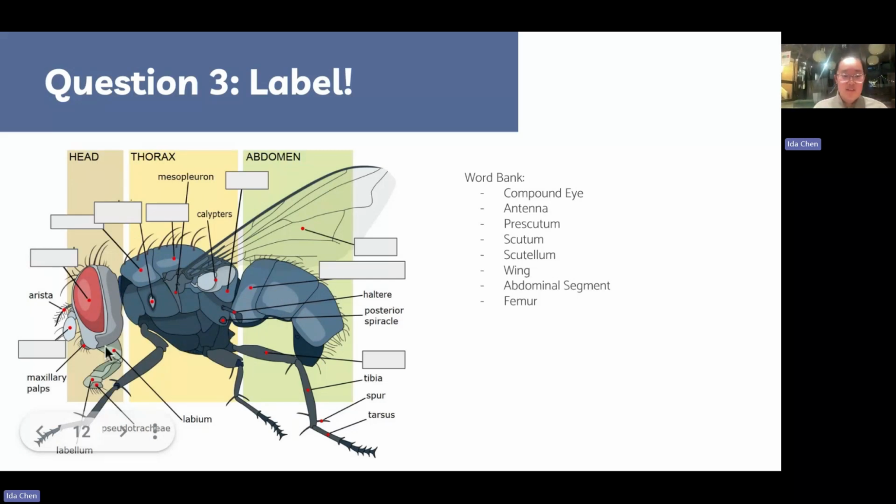So all insects should have these parts, but they might look different. Yep. Okay, I'll give it one more minute and then I'll switch to the next page so you can check your work.